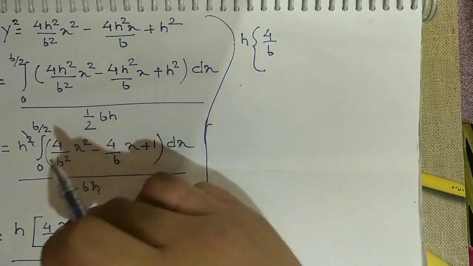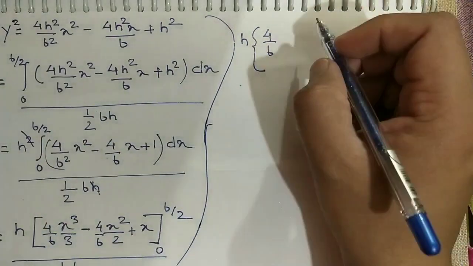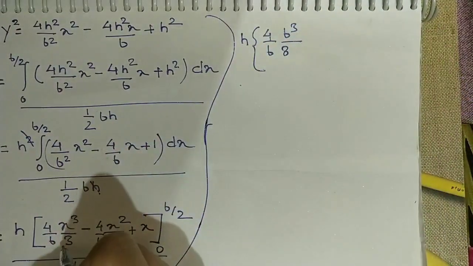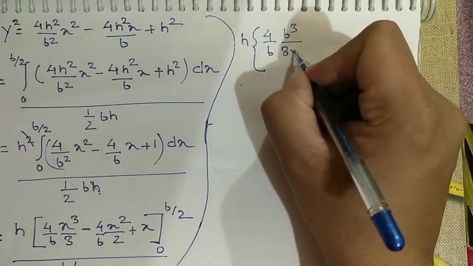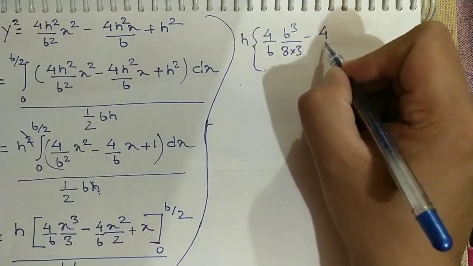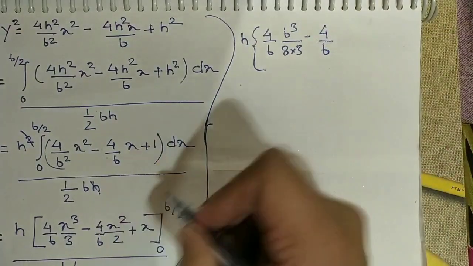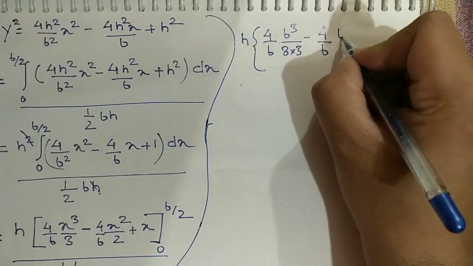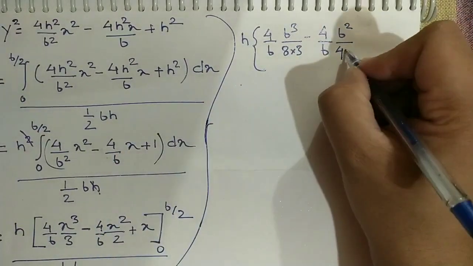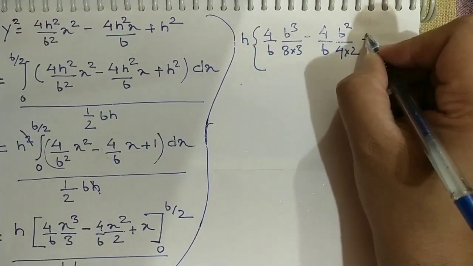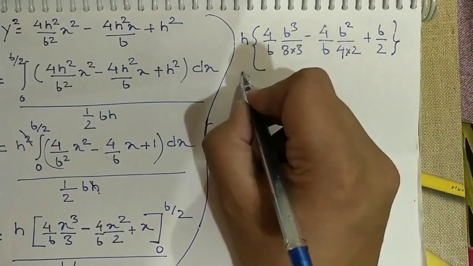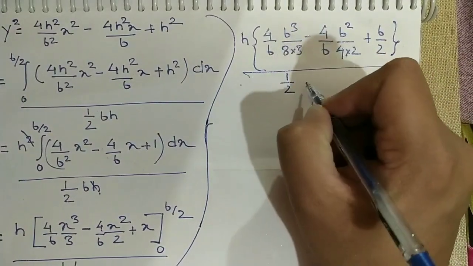On putting b by 2 in place of x, x cube will become b cube by 8, and 3 is already here, minus 4 by b x square, so it will become b square by 4, and 2 is already here, plus b by 2, and in denominator it is half b.